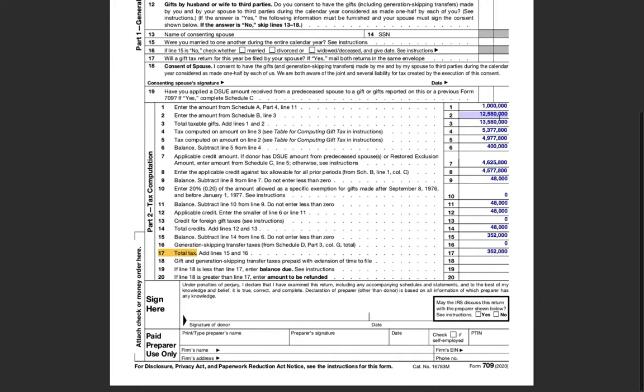I'm going to show you the process of how to calculate it. You can see ultimately the 2021 tax due is $352,000. From the beginning, they say go to Schedule A, Part 4, then lines 9 to 11, and you get this number.